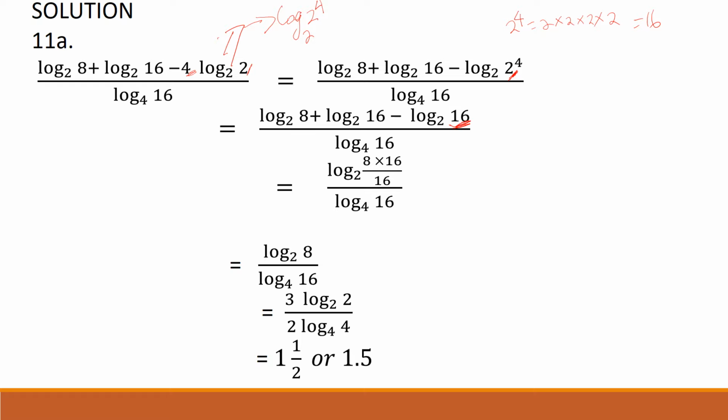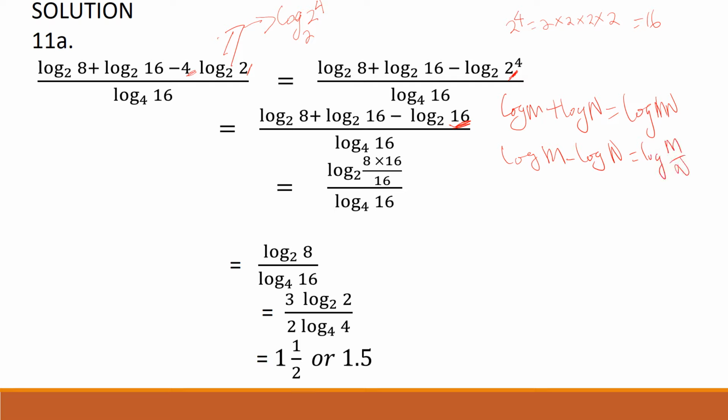So we have the logarithm rules, that log m plus log n is equal to log mn, and log m minus log n is equal to log of m over n.